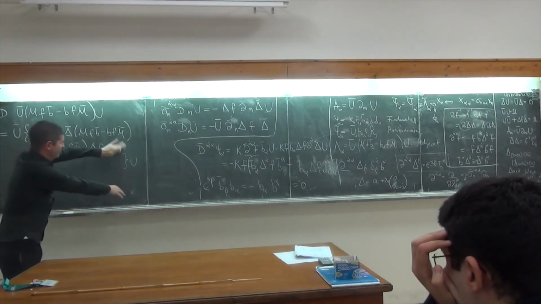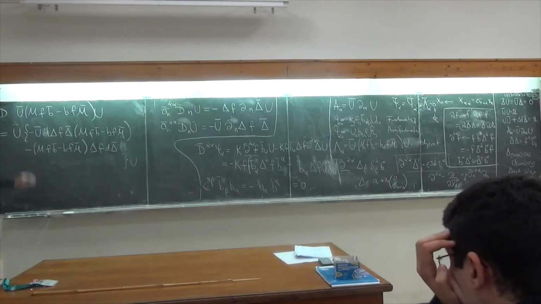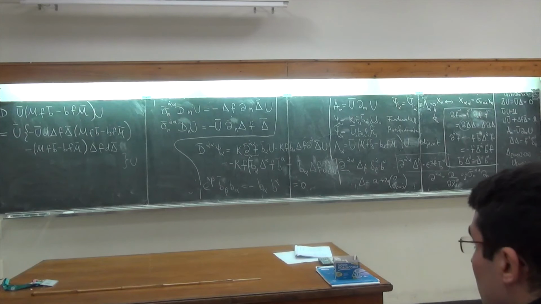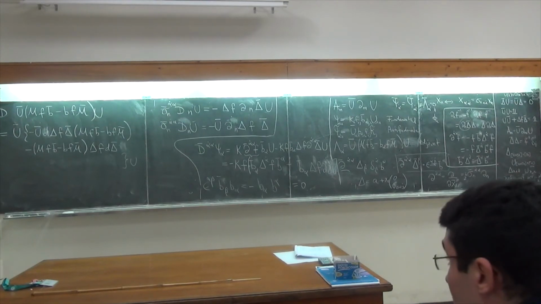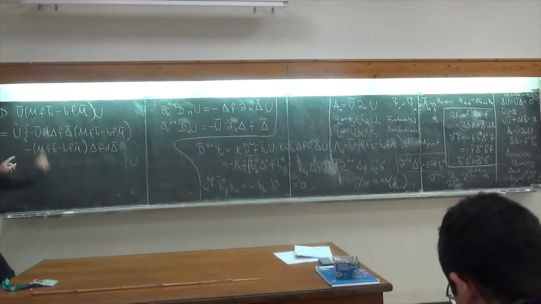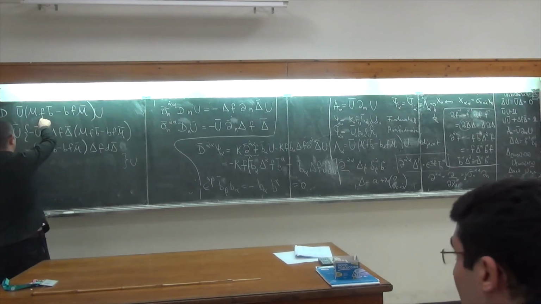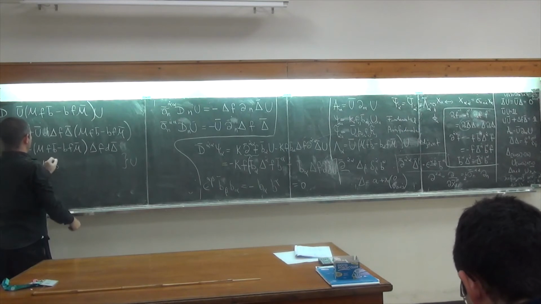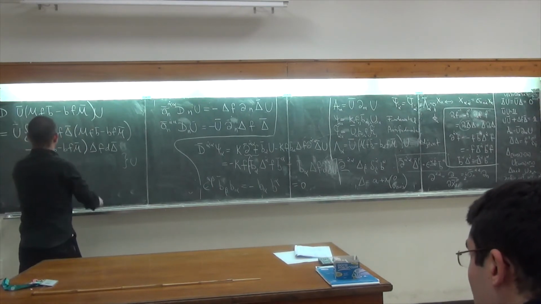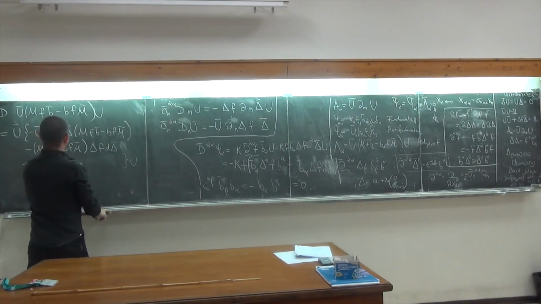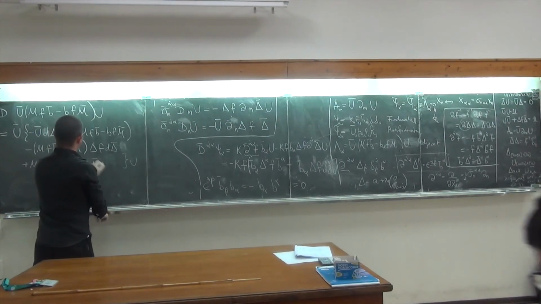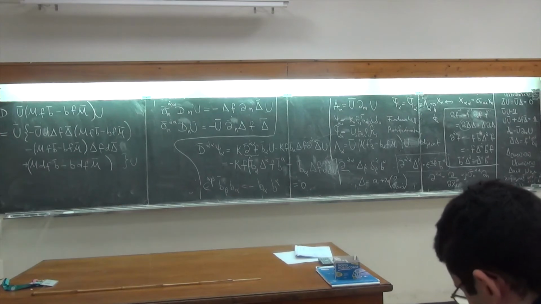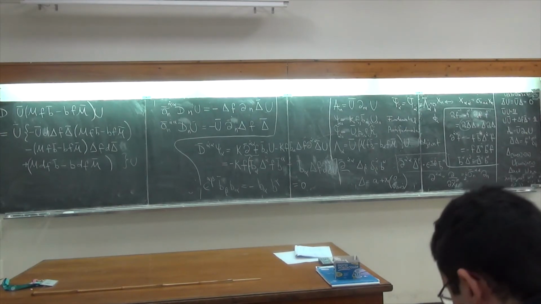So u is already, and again we have a sign minus. And then the last is when I act on f, plus m df b bar minus b df m bar. Okay, this is the formula.